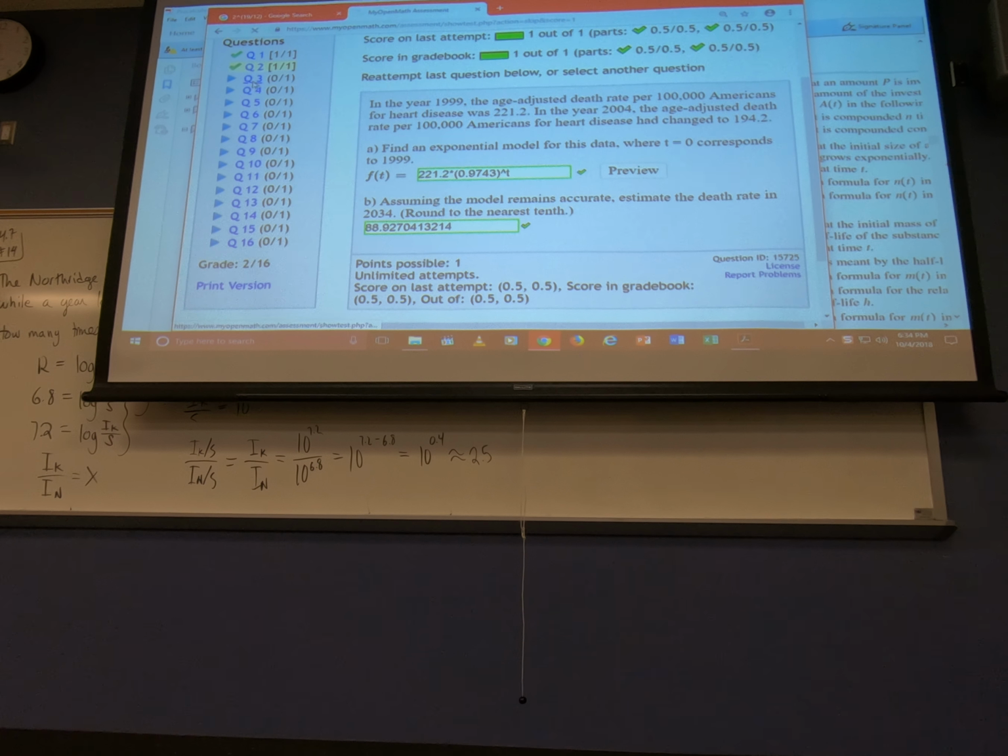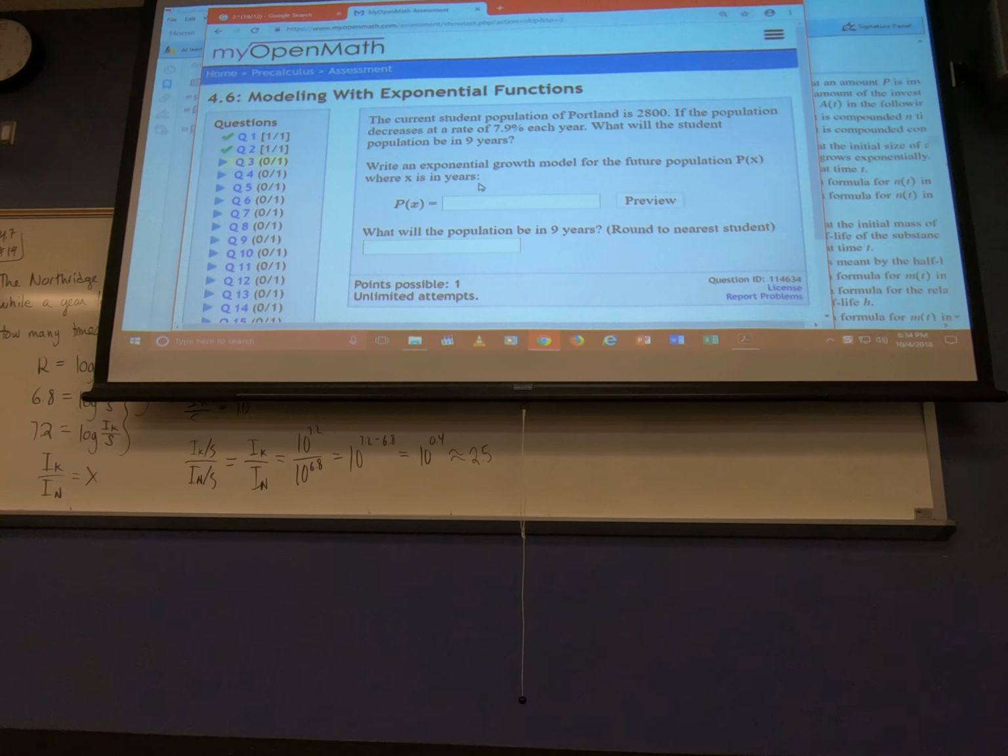If this is too similar, we'll just move on, whatever. The current student population of Portland is 2,800. Portland, Maine, or Portland, Oregon. There's probably a Portland, Florida, right? So they don't say which Portland. If the population decreases at a rate 7.9% each year, again, oftentimes math people are challenged in the English language.